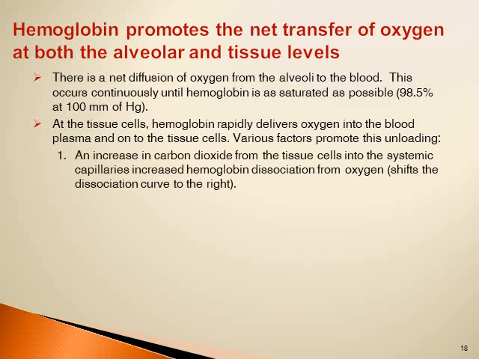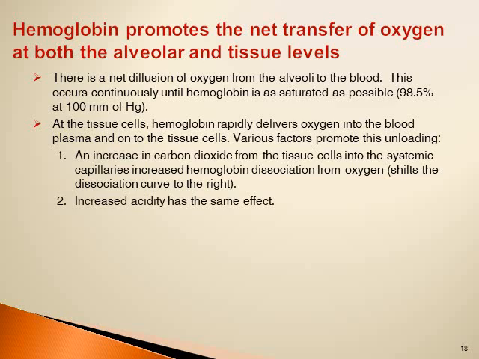An increase in carbon dioxide in the tissue cells, which is usual due to the continuous production of carbon dioxide during metabolism and its release into the systemic capillary, will increase hemoglobin dissociation from oxygen, and as we saw previously, this will shift the hemoglobin oxygen dissociation curve to the right.